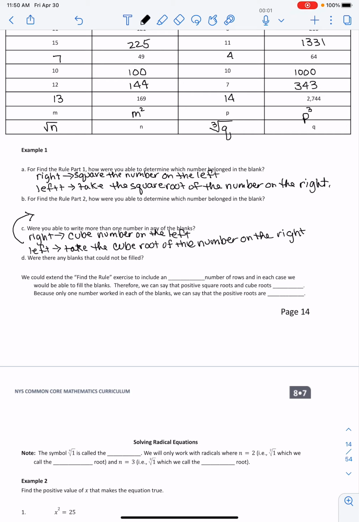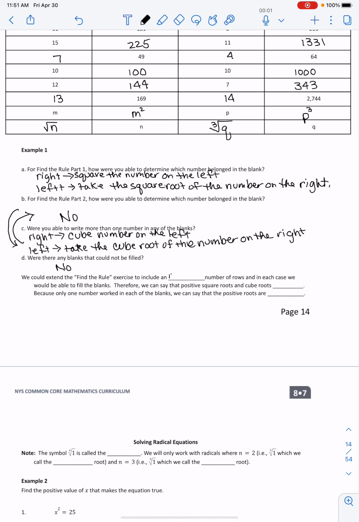Okay. So for C, it says, were you able to write more than one number in any of the blanks? So for C, it's going to go down here. Sorry about that. So the answer is no. And D, it says, were there any blanks that could not be filled? Answer is no. So then it says, we could extend the find the rule exercise to include an infinite number of rows, and in each case, we would be able to fill in the blanks.